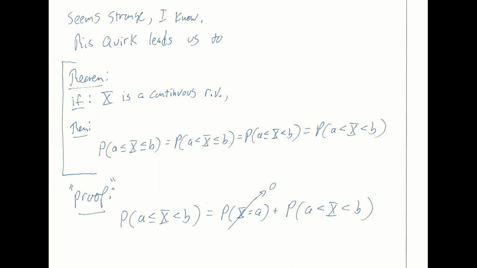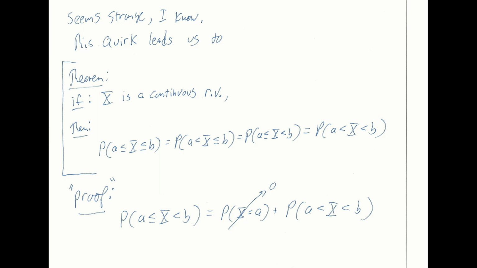This follows because the probability that x lands at the endpoints is always 0, and so you're really only talking about the probability of it falling between a and b in all 4 of these cases. And we've illustrated the proof here by showing one of the cases. In particular, we're showing the final of the 3 equalities in the line above. So the probability that a is less than or equal to x, which is less than b, that's just going to be the probability that x equals a plus the probability that it falls between a and b.